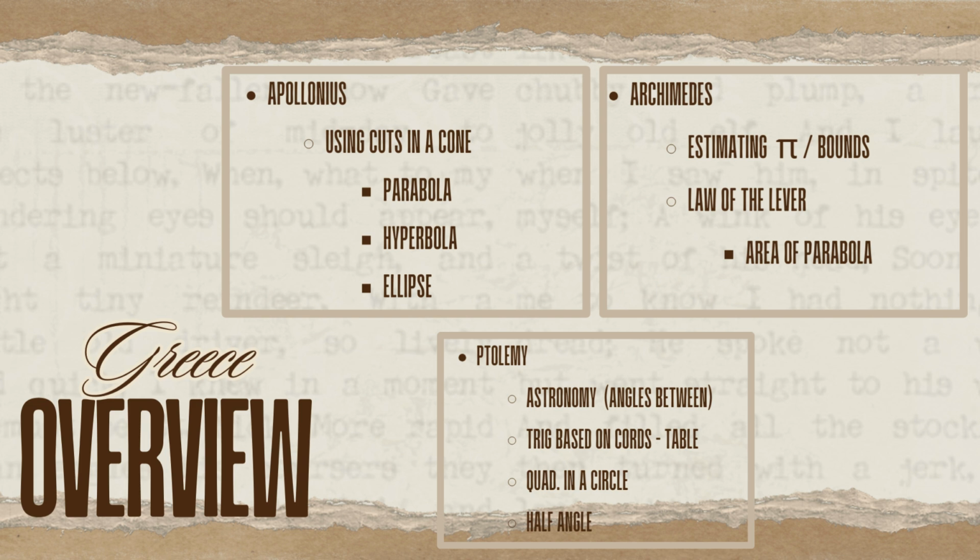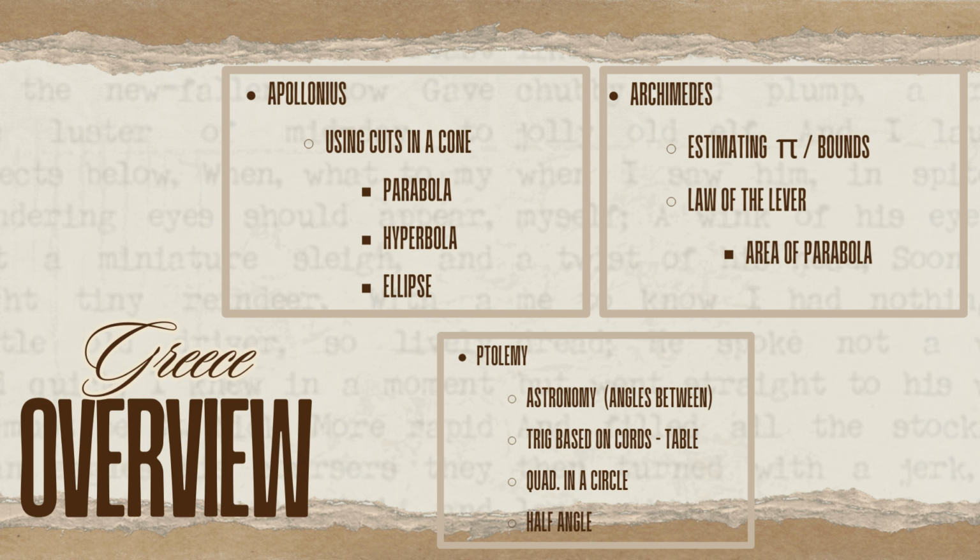He used bounds and created upper and lower bounds to create the idea of pi, and he came very close to what pi is today. And then he also used the law of the lever to find the area of a parabola, which was neat to see.